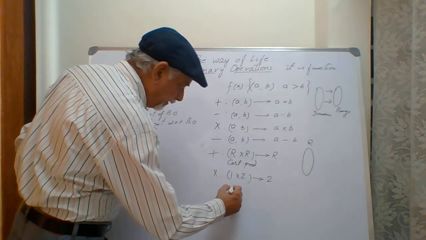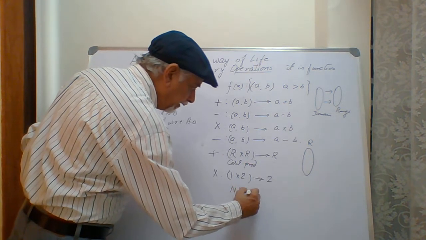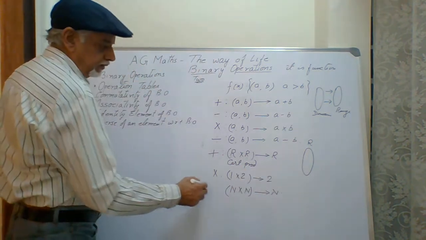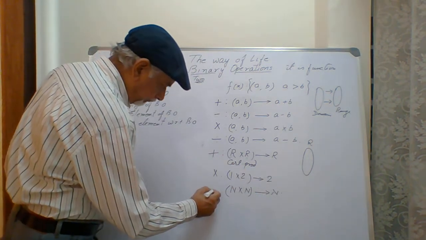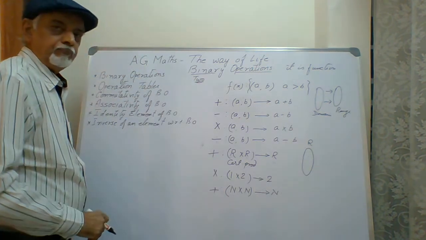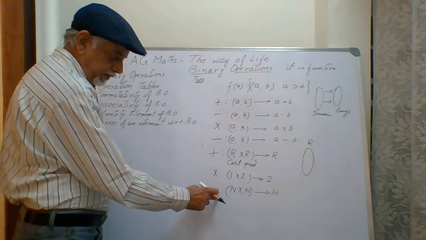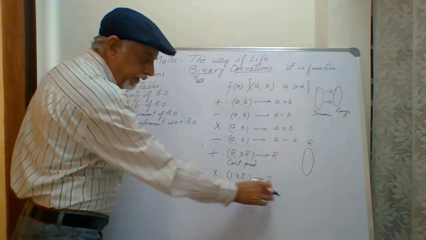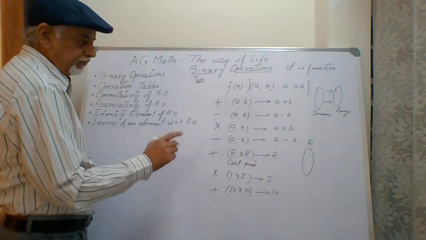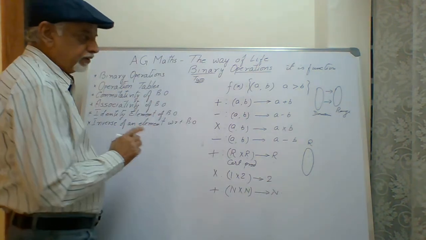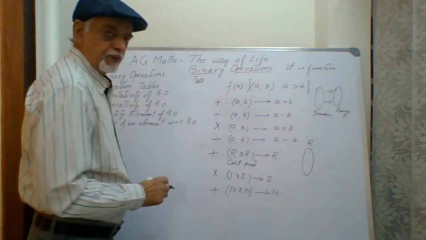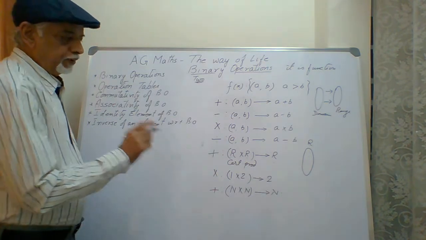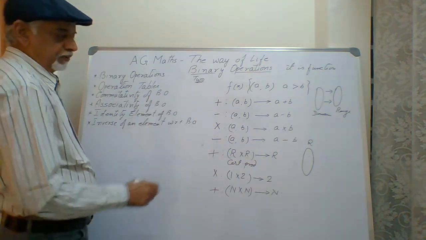So if I say N cross N is giving me N, and suppose this is an addition operation, the operator is addition, that is a binary function, and it is from N cross N to N. That means we will have only the counting numbers here and not the real numbers. The counting numbers start from positive 1, 2, 3, 4 and go on to infinity. So there will be no negative number, there will be no zero. So that is the restriction.